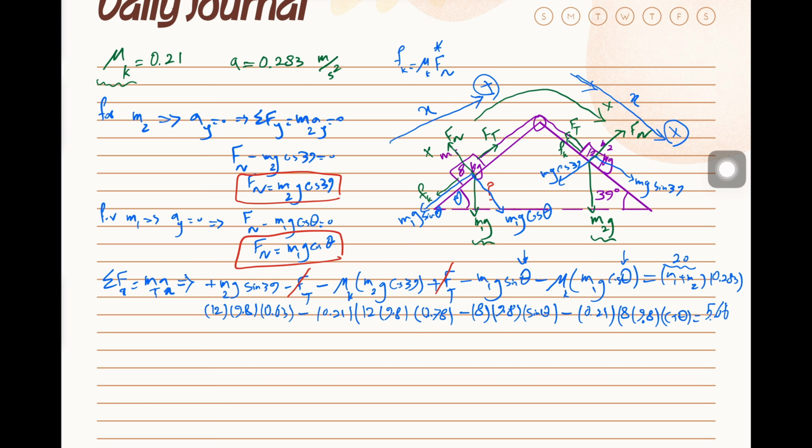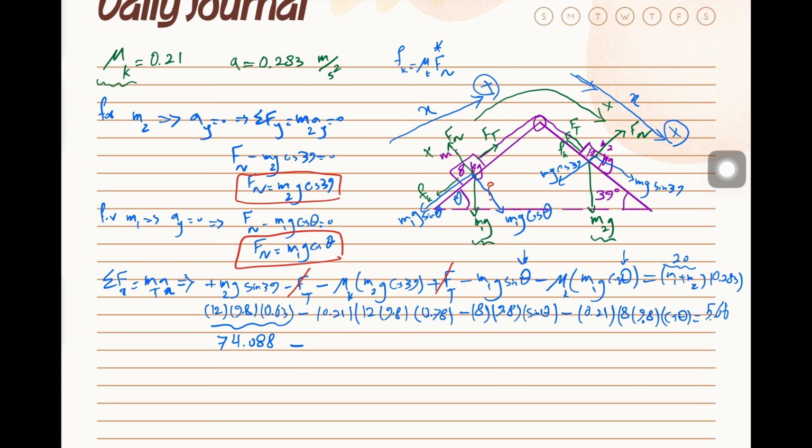So then we have to have some math skills. So let's calculate these numbers. So 12 times 9.8 times 0.63. So this is gonna be 74.088 minus, then 0.21 multiplied by 12 multiplied by 9.8 multiplied by 0.78.